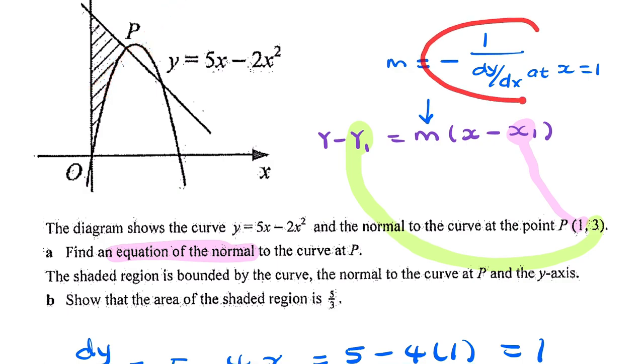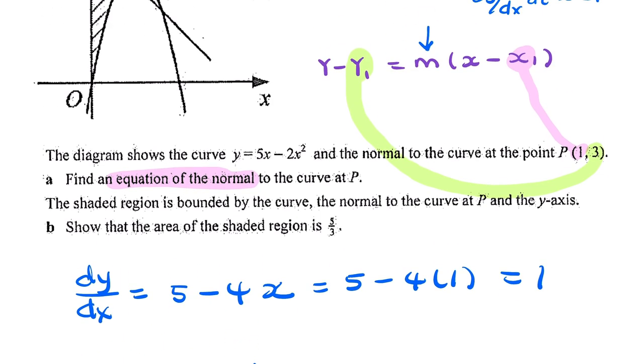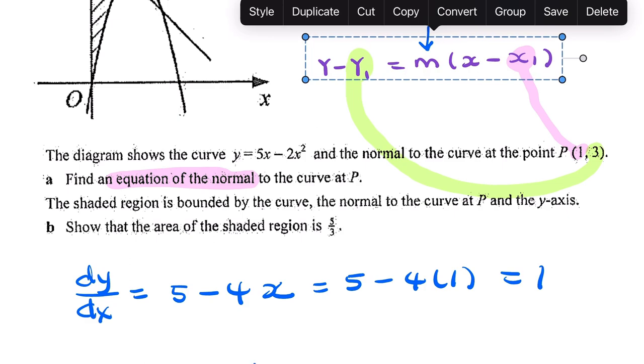So our m for the normal will be minus 1, because they're perpendicular. So now I know that this is minus 1, I can simply replace those numbers.